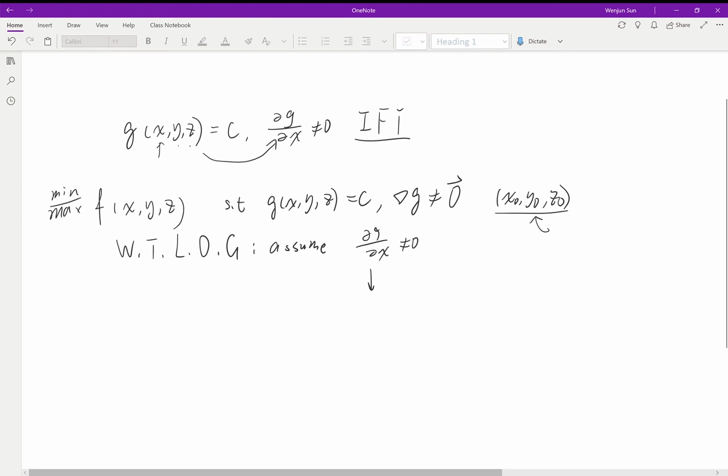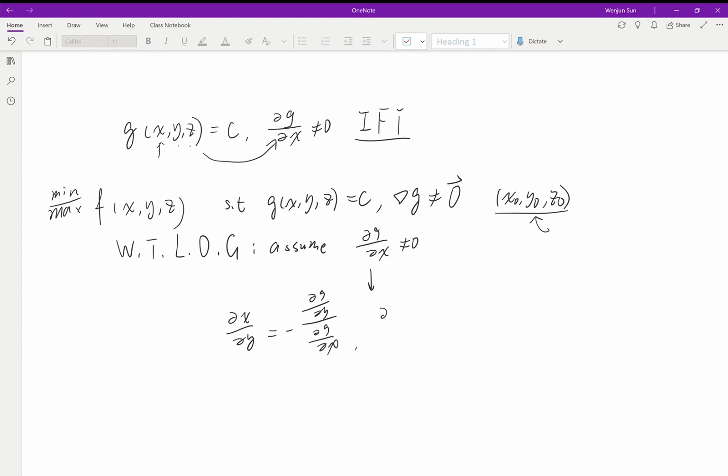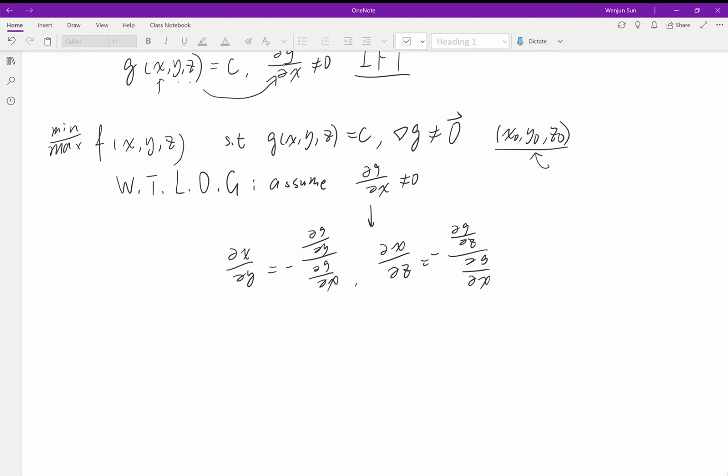If del g del x is not equal to 0, we know that del x over del y can be expressed as negative del g del y over del g del x, and then del x over del z will be equal to negative del g del z over del g del x, of course.